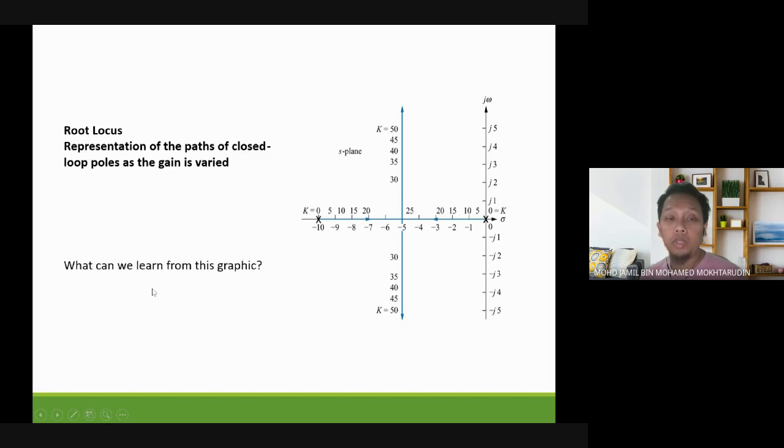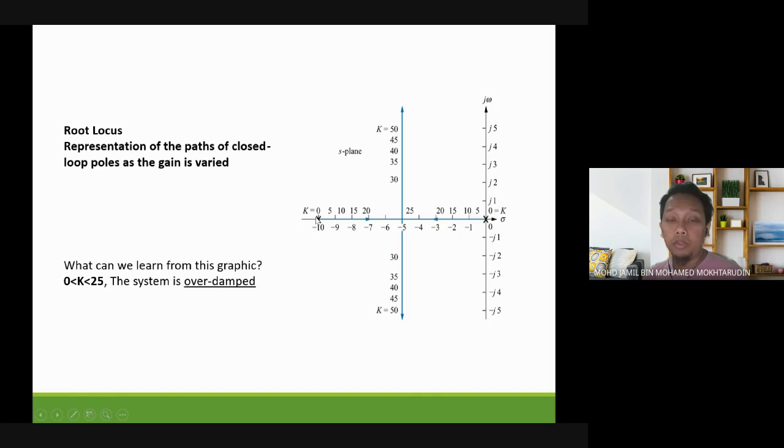So what can we learn from this graph? If we go into detail, maybe if we check in MATLAB, when k is from 0 to 25, which is when the root locus is on the real axis, from here to the center here, then the system is always overdamped.